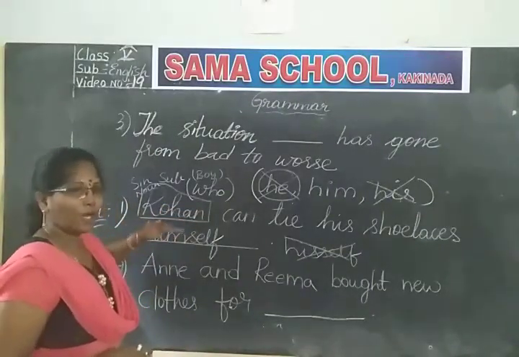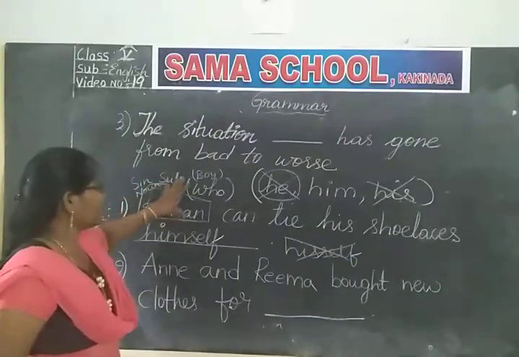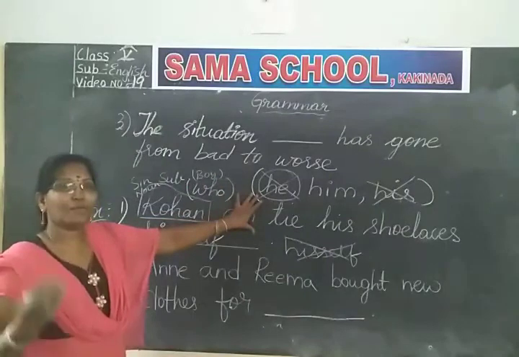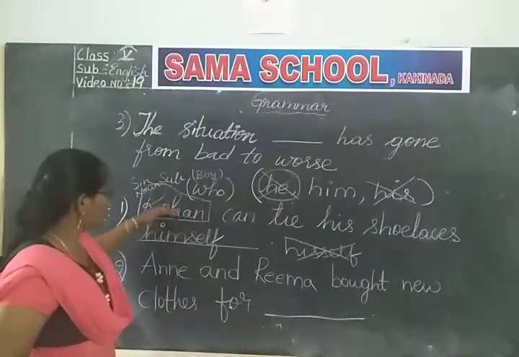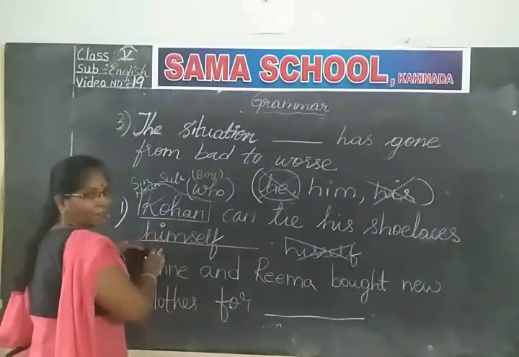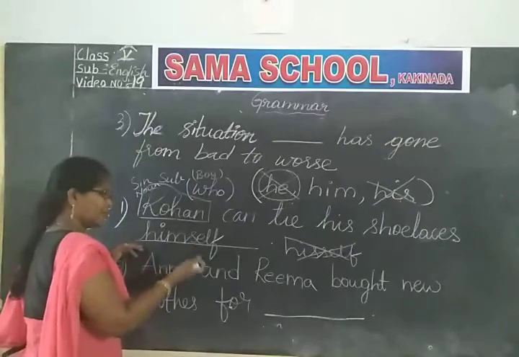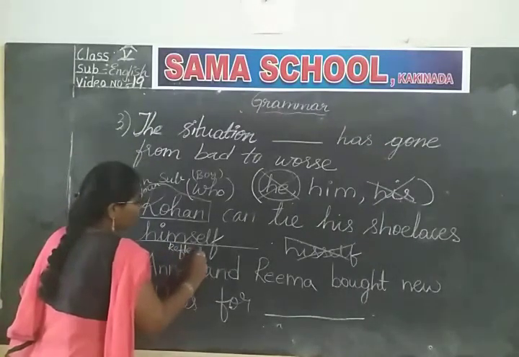Clear, children? How to write this? Now, the subject. Did we get the blank next to the subject? We have used it at the end of the sentence here. So by this, it is not next to the subject, so it cannot be an emphatic pronoun. It is a reflexive pronoun.